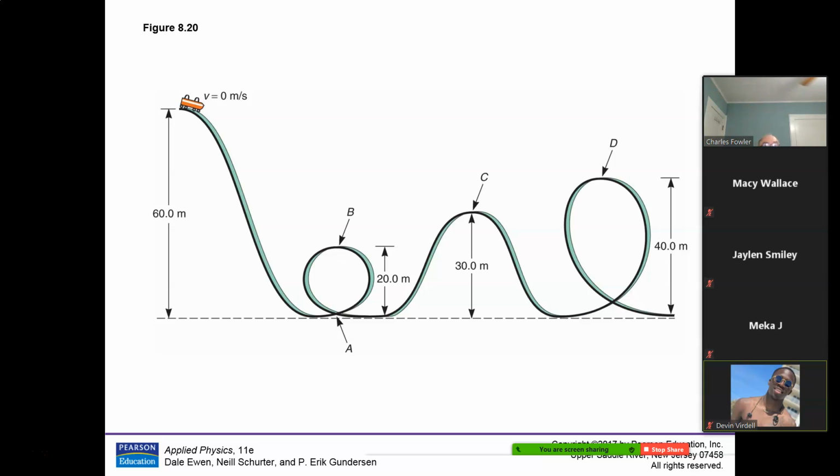Now, moving on to 8.5, alternative energy sources. Now, this is all verbiage, no problems. Okay? And rather than write it down, what do we mean by alternative sources? So far, most of what we do has been burning fossil fuels.